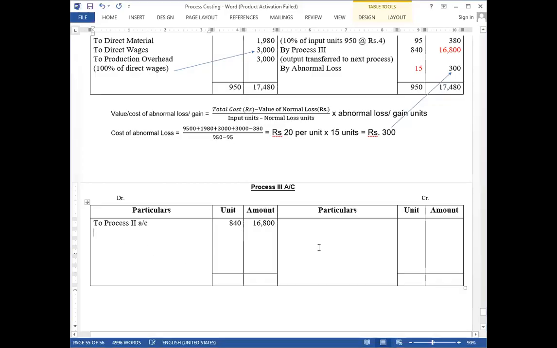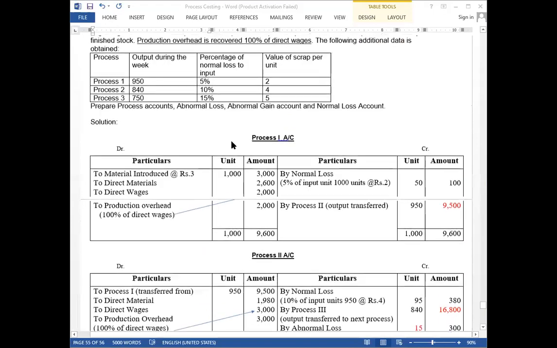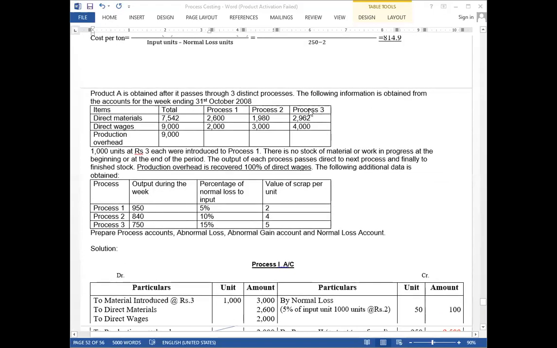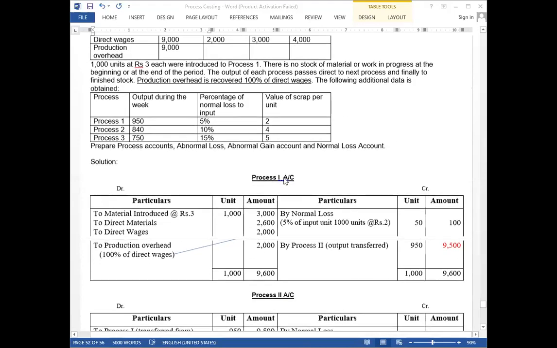Next, you have to write the remaining expenses, that is, to direct material account. How much is the direct material? We will see the problem and check. In the third process, the direct material is 2,962.